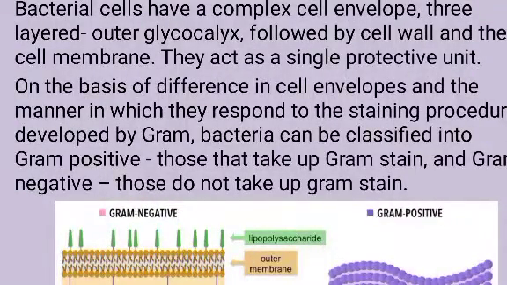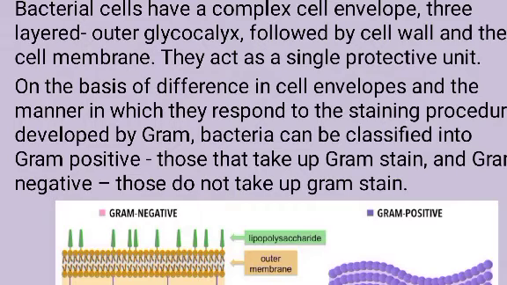They are glycocalyx, followed by the cell wall, and then the plasma membrane. So the bacterial cell has a complex cell envelope which is formed of a three-layered structure. The outermost is the glycocalyx, followed by the cell wall, and the inner one is the cell membrane, that is the plasma membrane.